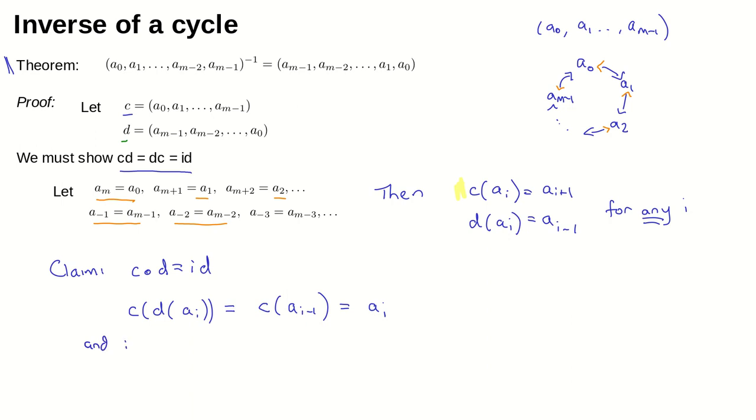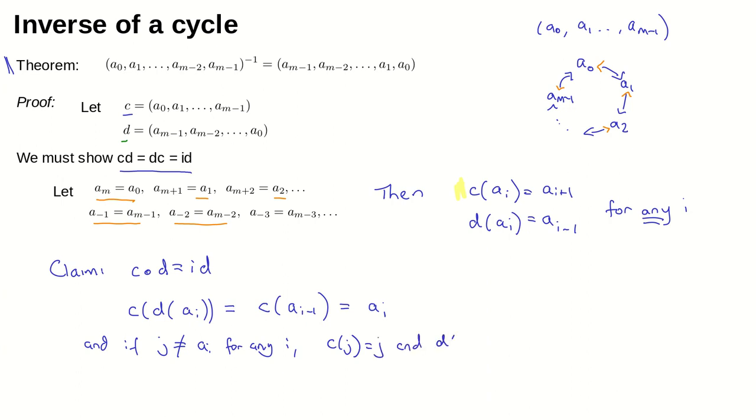And if you've got a number which is not any of the Ais, if j is not any Ai, then from the definition of cycle, C of j is j again.